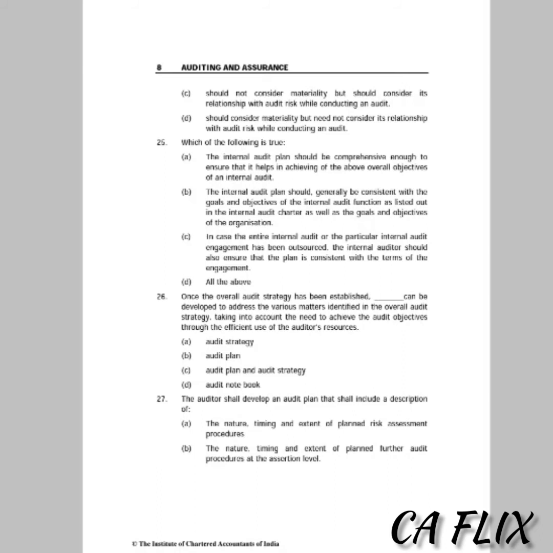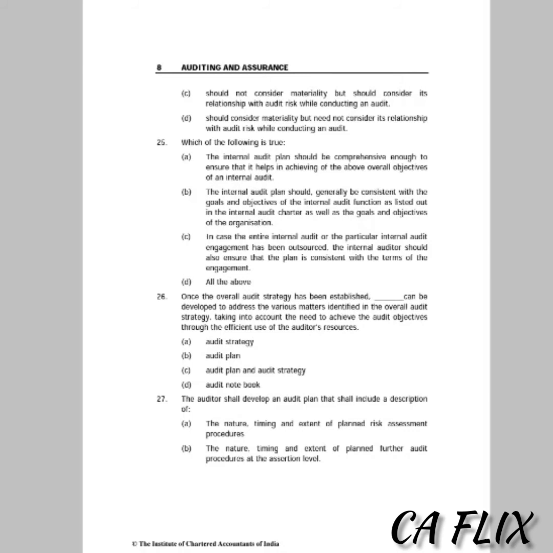Option C. In case the entire internal audit or particular internal audit engagement has been outsourced, the internal auditor should also ensure that the plan is consistent with the term of the engagement. Option D, all of the above.